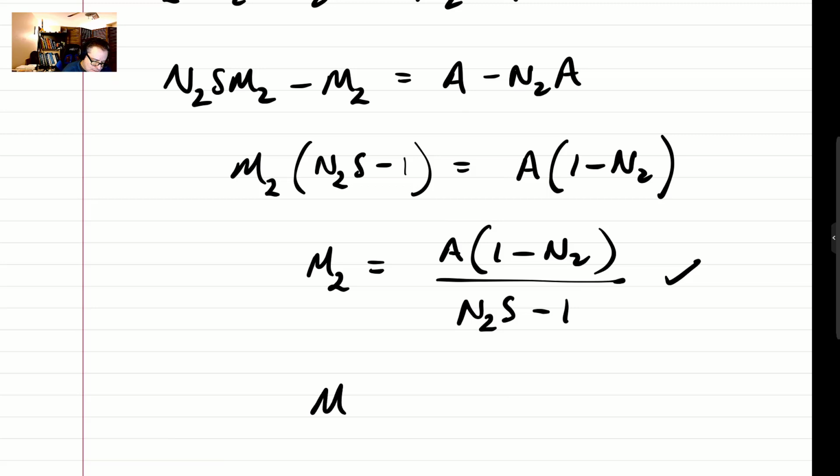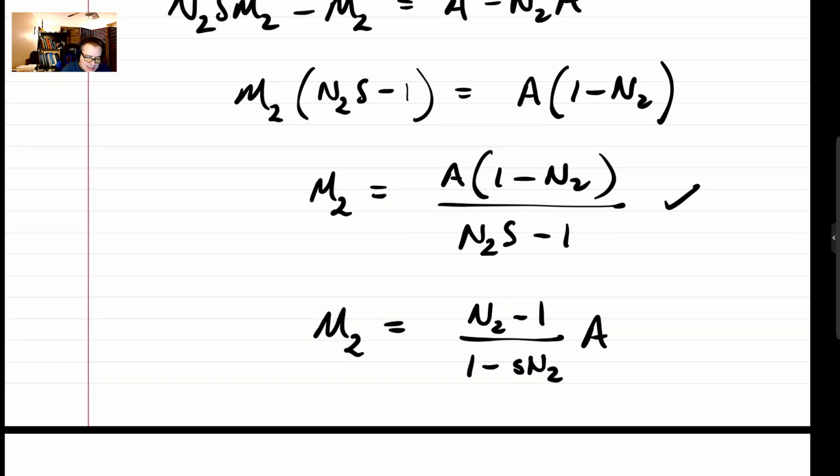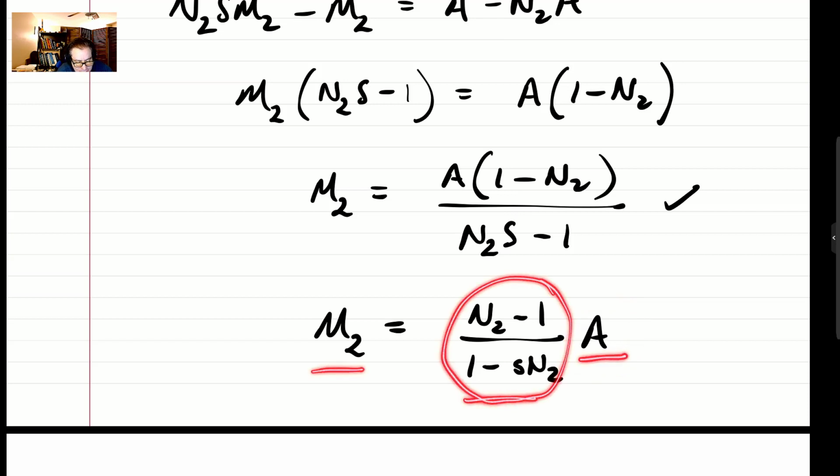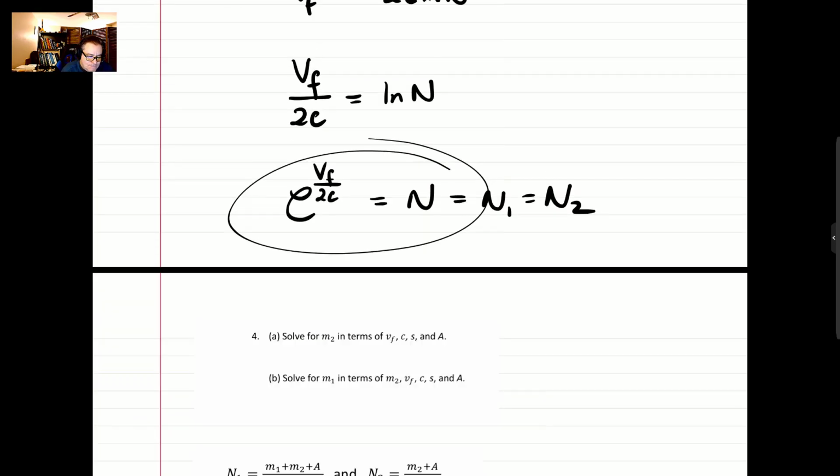The way I'm going to write it when I put it into Excel is to flip it around and say (n - 1) over (1 - Sn), and then multiply by the payload mass A. In other words, once you establish what the payload is, the stage 2 mass is some multiple of the payload mass based on your target velocity and your exhaust velocity, and you calculate that with the n value using this formula.